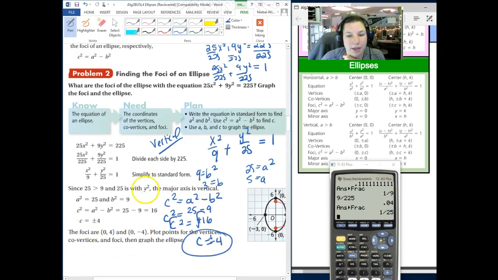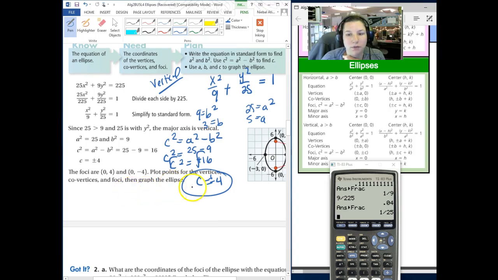So if we're going to go back and summarize, our foci then would be, and you have to use this, right? Pay attention which one you're using, because if you put the c first, then you're saying it's horizontal. So our foci are 0, 4, and 0, negative 4.